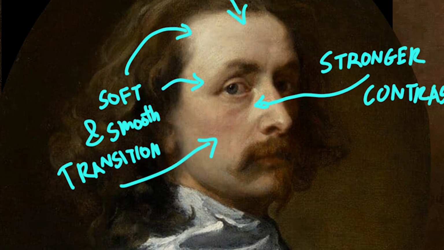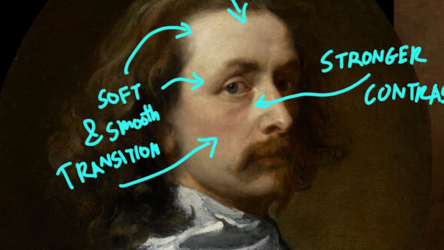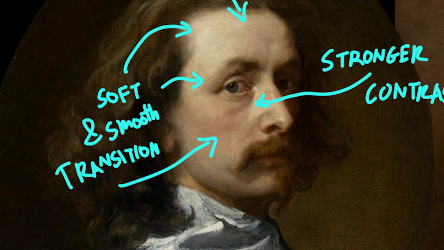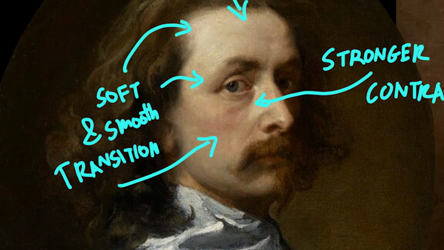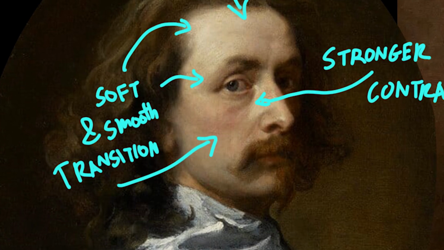But the other places, closer to the bridge of the nose, really depend on how the lighting is shining on the figure. That spot is slightly sharper. It has a stronger contrast between the bridge of the nose and the under eye bag.